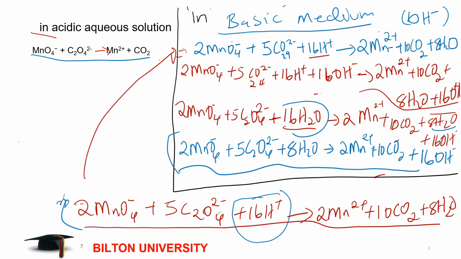In that case, you are going to have water molecules on one side and water molecules on the other side, and therefore you need to subtract to make sure that they cancel out. You also need to check all other molecules or atoms, especially those which appear on both sides, and collect them to one side.